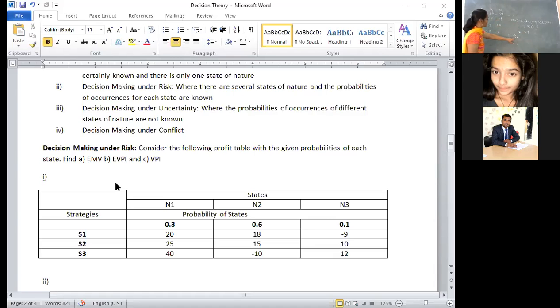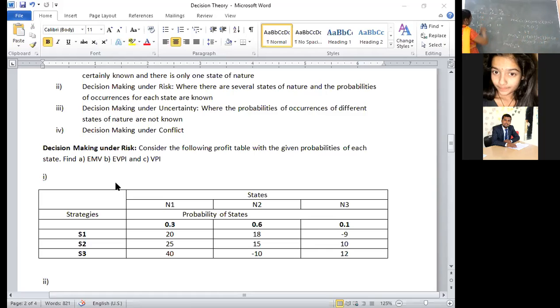Expected monetary value for strategy S2: 25, probability won't change, initially it is 0.3, 25 into 0.3 plus 15 into 0.6 plus 10 into 0.1. After calculating this, you will get this value as 17.5.